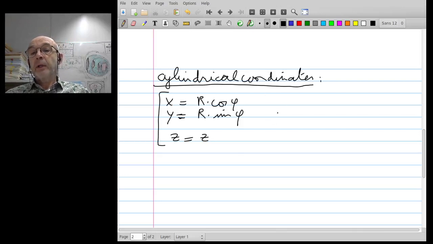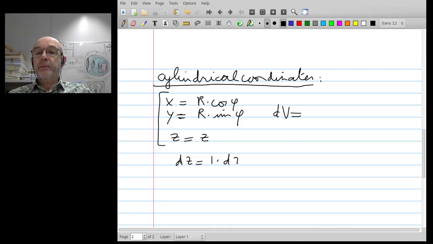And if you have then your dV, that's easy to remember because you have the correction term of your polar coordinates, and in the z direction it doesn't change anything, so you have 1 times dz.